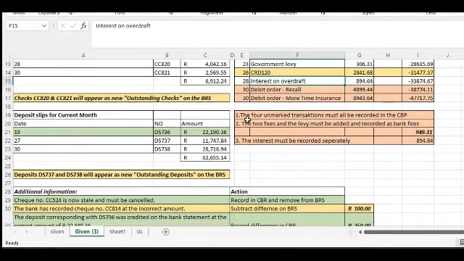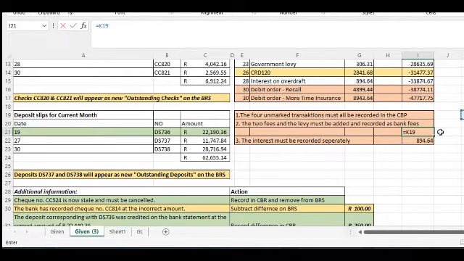So here's what I said. The 4 unmarked transactions must all be recorded in the cash book payments, because they are after all payments. That is what debit orders are. And the 2 fees and the levy must be added and recorded as bank fees. So there I've given you an amount of 949.31, but really it is just the sum of those 3, as you can see there. Oh, sorry, I do that quite often.